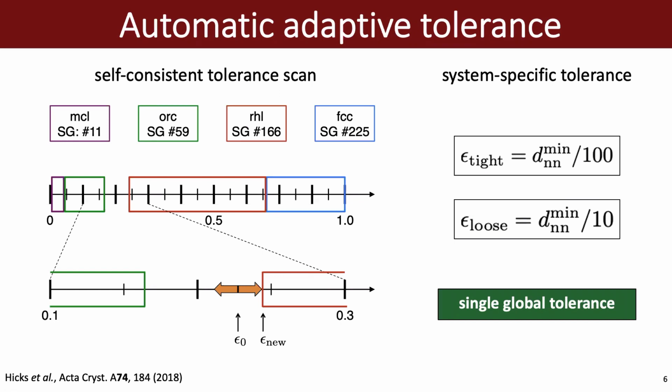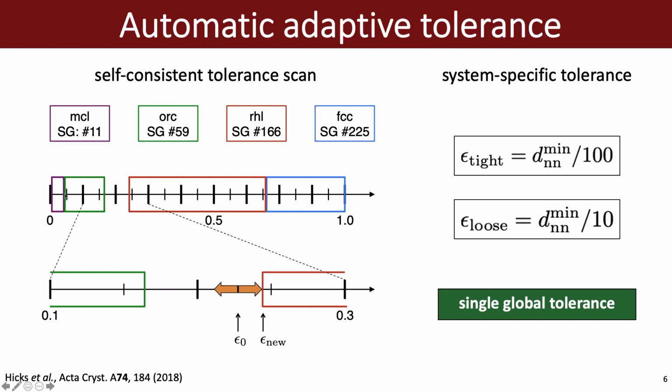The other way is that we have a self-consistent tolerance scan. To show this, we have this particular system. This is actually a real example where we calculated the space group symmetry of a particular crystal, and we changed the tolerance value. Here we have a tolerance number line from 0 to 1.